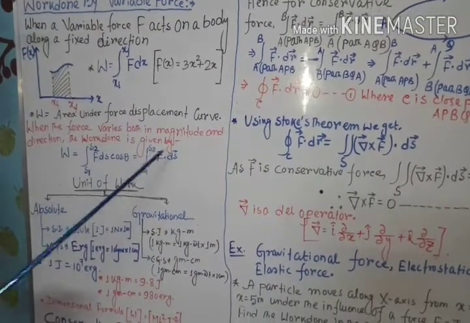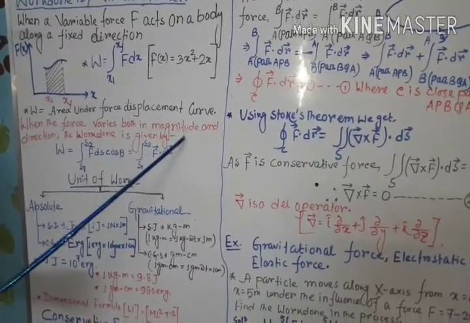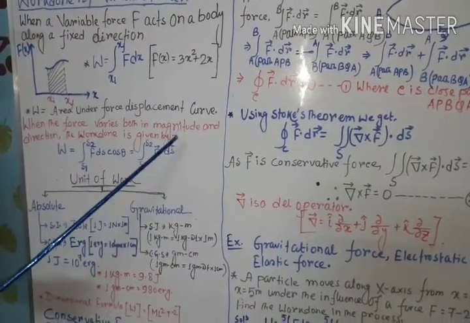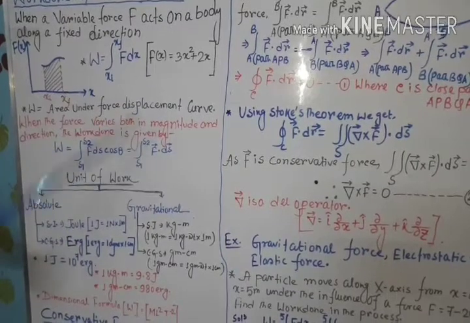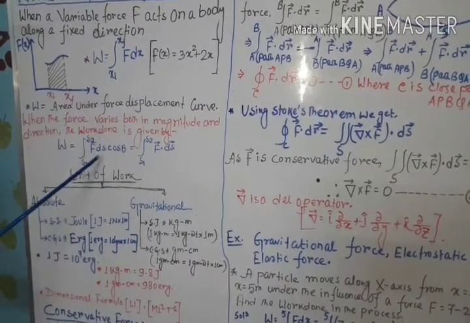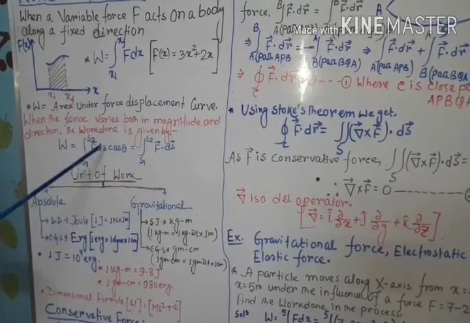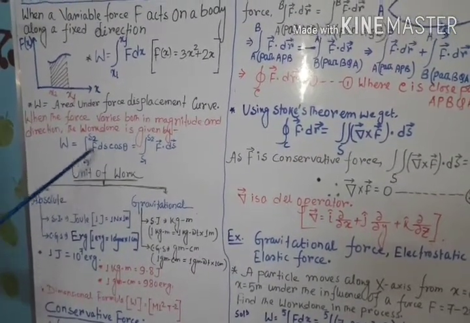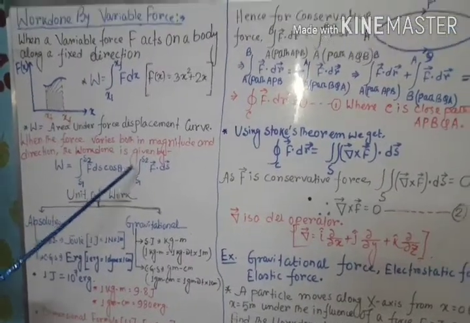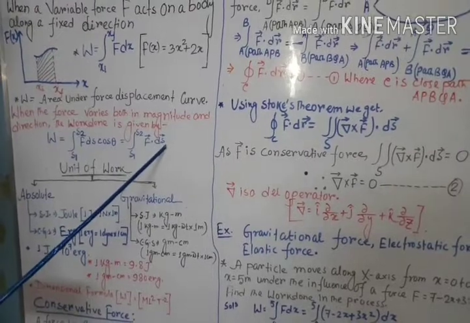But if both magnitude and direction change, then how can you determine the work done? The formula to determine the work done is W = integration from S1 to S2 of F ds cos theta, where ds is the small displacement. Now, from the vector dot product, this equation can be written as the integration from S1 to S2 of F vector dot ds.